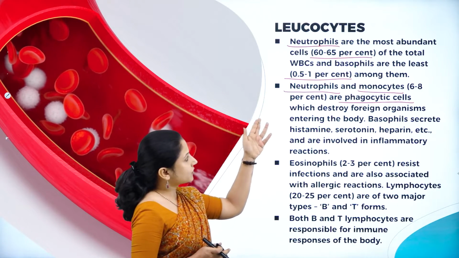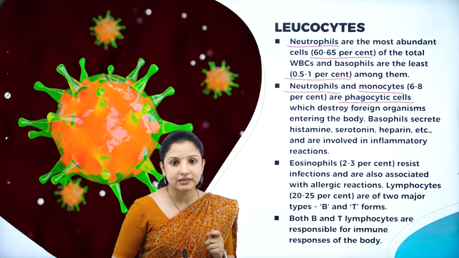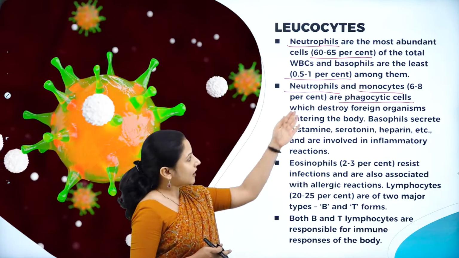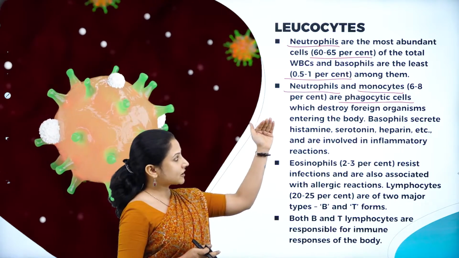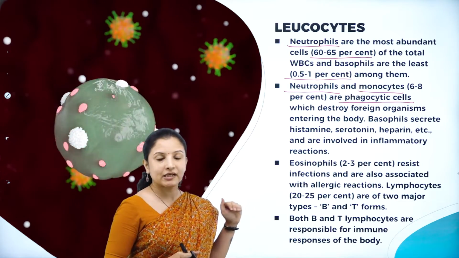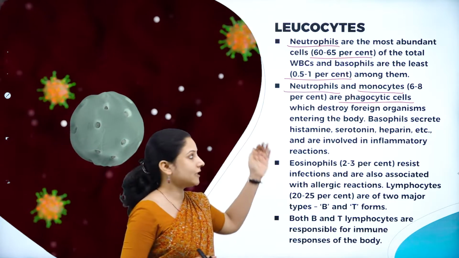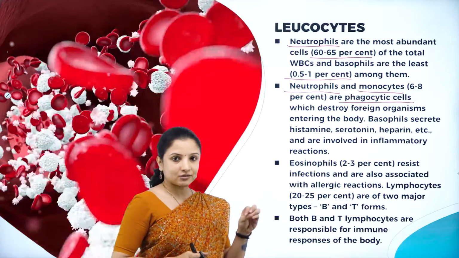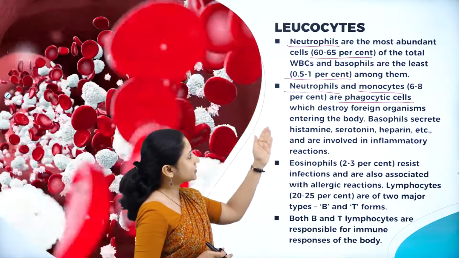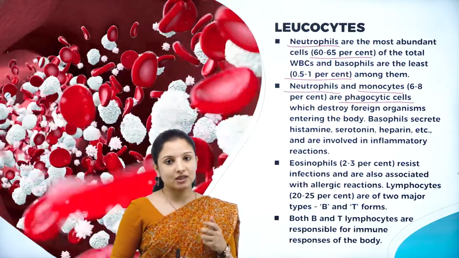And we also know that apart from that, there are certain agranulocytes present in the WBCs, right? One among them is the monocytes. So, among the granulocytes and the agranulocytes in the WBC, 6 to 8% of the neutrophils, which are granulocytes, and the monocytes, which are agranulocytes, are phagocytic in nature.